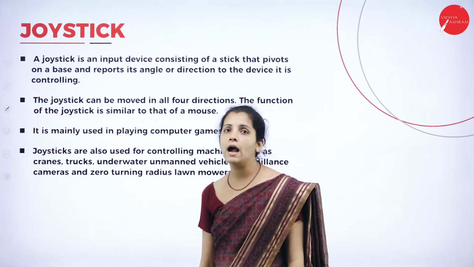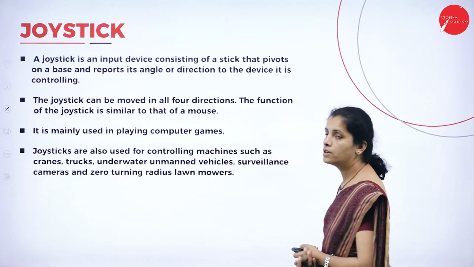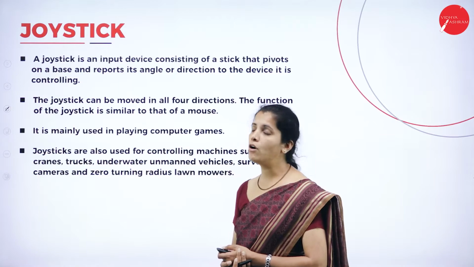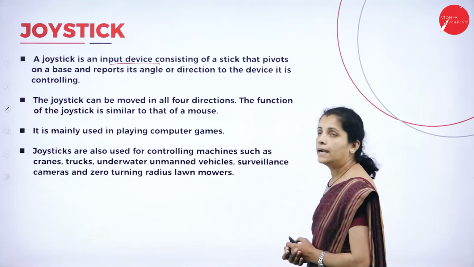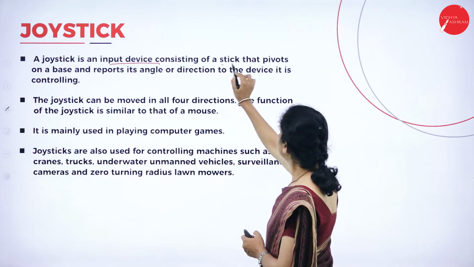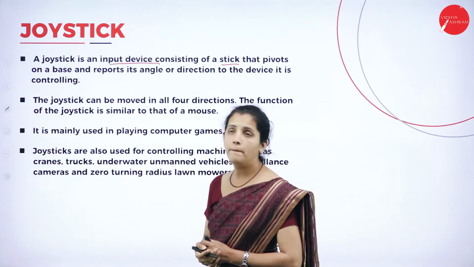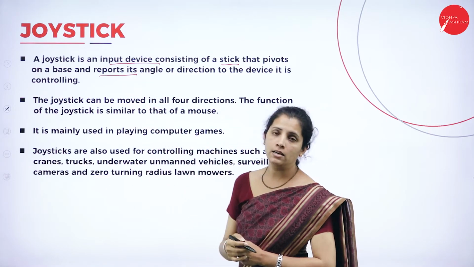Now I'm going to look at my third input device, that is the joystick. The joystick is also an example of an input device that includes a stick that pivots on a base and reports its angle.